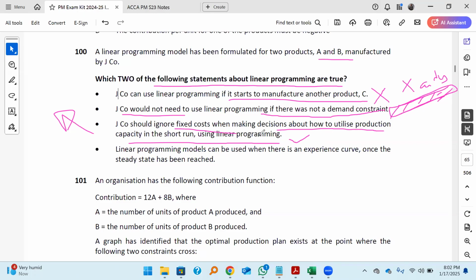And if you look at the last statement, linear programming models can be used when there is an experience curve once the steady state has been reached. Now, I don't know if you know the experience curve, but this is referring to what we call a learning curve.